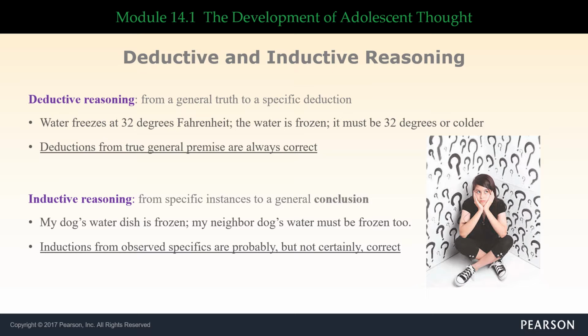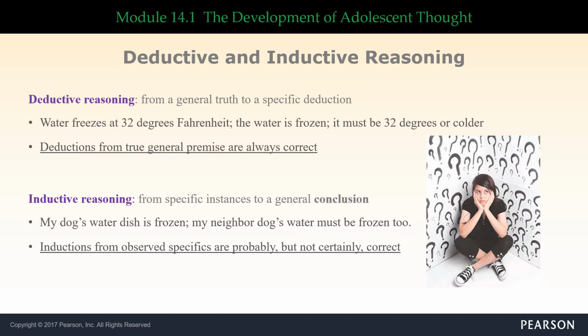So then deductive and inductive reasoning. Deductive reasoning goes from a general truth to a specific deduction. For example, water freezes at 32 degrees Fahrenheit. The water is frozen. So if we know what temperature water freezes, we can say it must be 32 degrees or colder. So deductions from true general premises are always correct.